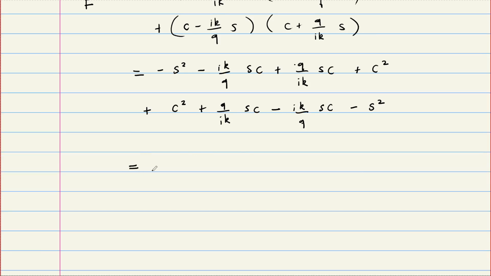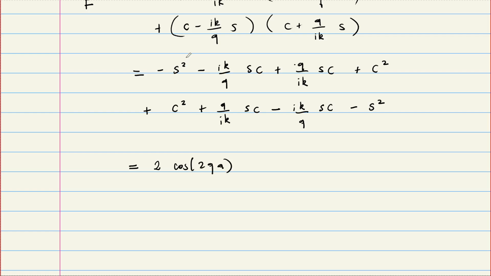And this is equal to, I have minus s squared minus 2s squared, c squared, I have 2 cosine squared, right? 2 cosine squared qa minus 2 sine squared qa, and I can combine these two and write it like this. So I can do it 2 times cosine 2qa.